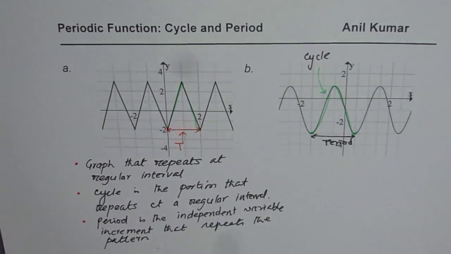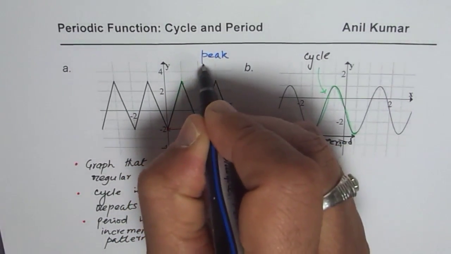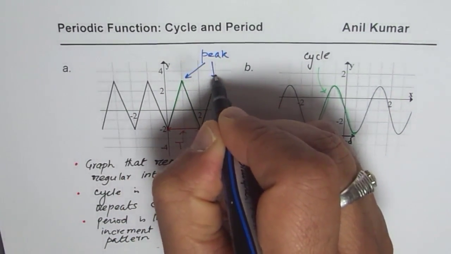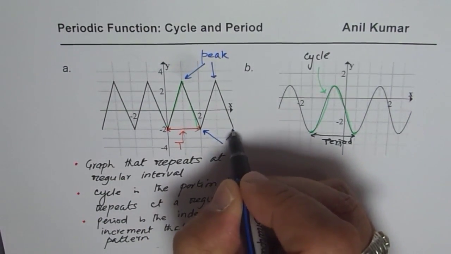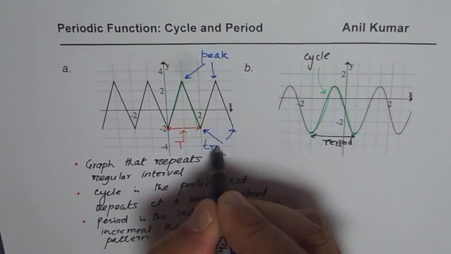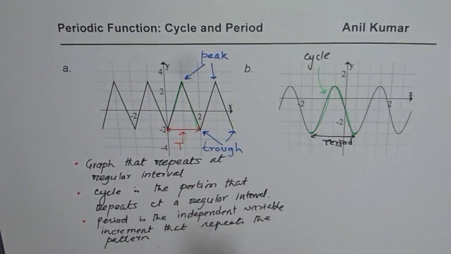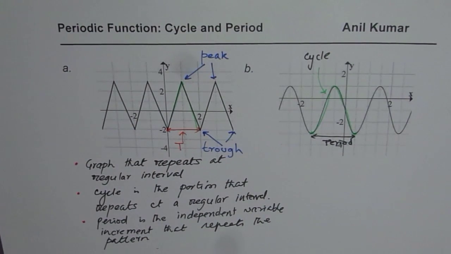So peak is the maximum value achieved, right? And trough is the minimum value. So you could write minimum also, but sometimes we use the word trough, right? So trough is the minimum point on the graph, right? So these are two particular values which we are always looking for.